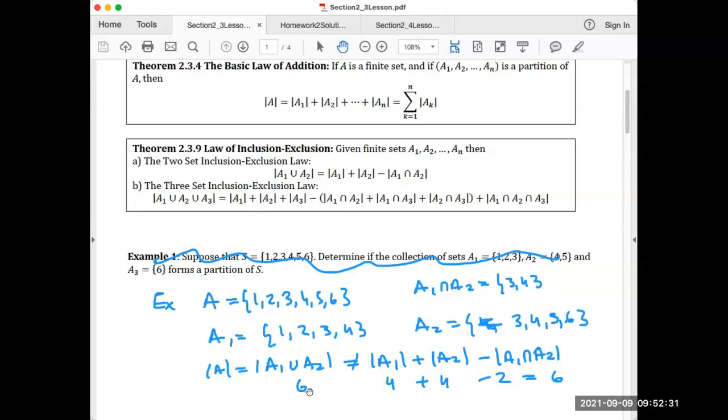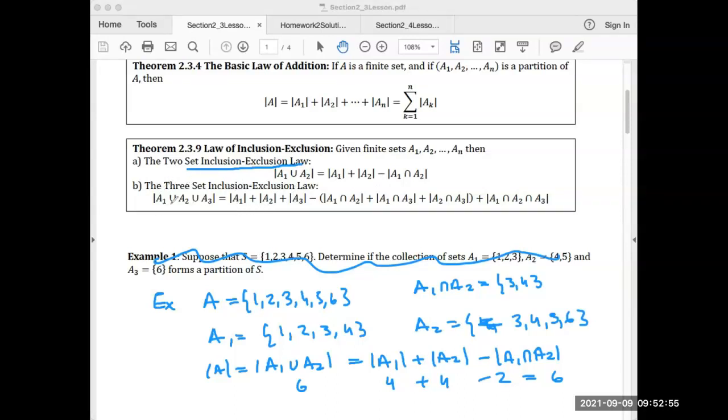Any of these could be unknowns, okay? So this is the inclusion-exclusion law for two sets. This extends to more sets, and you can see the pattern here.